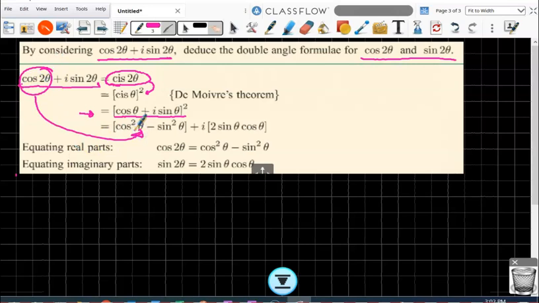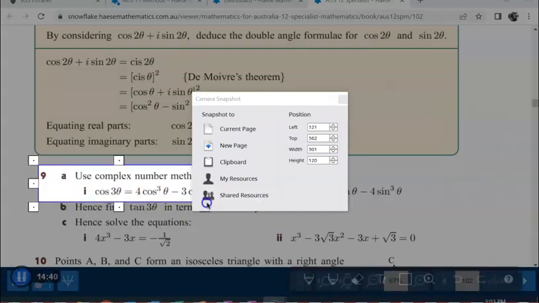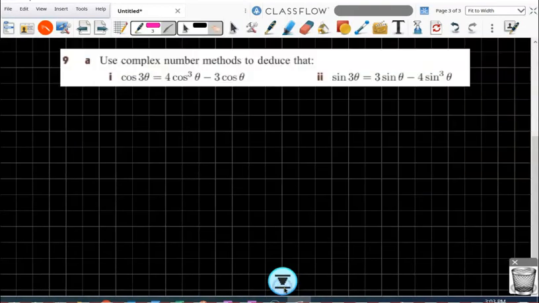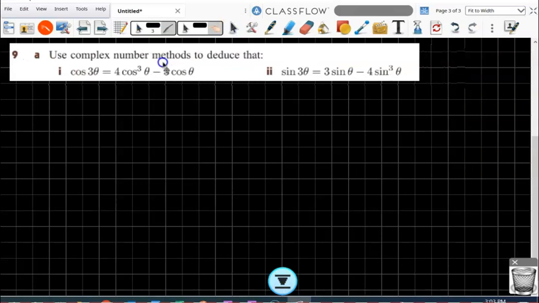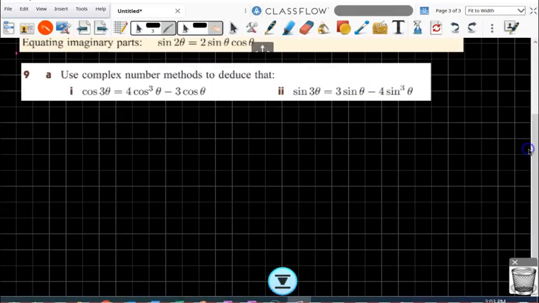Does that make sense? So now they're going to ask you to do it for cos 3 theta, cis 3 theta. So let's have a look at the first part of number 9. What I'm going to ask you to do is 2 things.